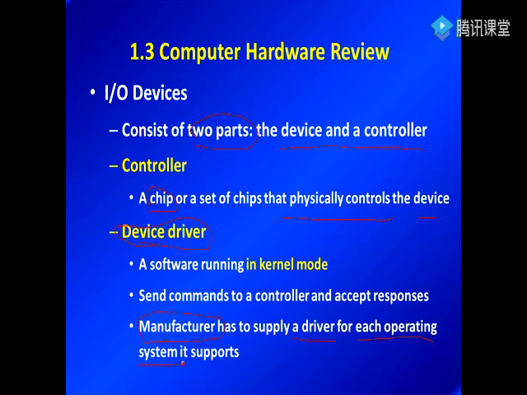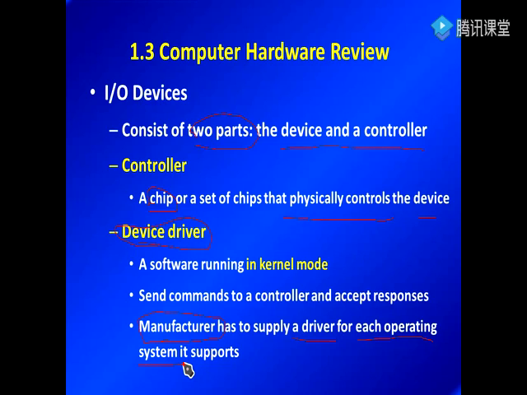And how can the driver know what to do? How can the driver know where to get the data? It has to receive the commands from the operating system, right? But different operating systems have different mechanisms, different formats of the commands.